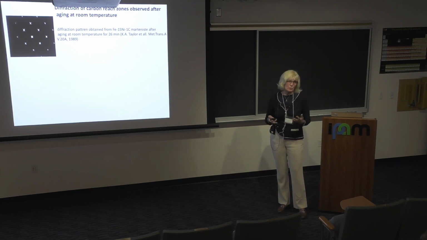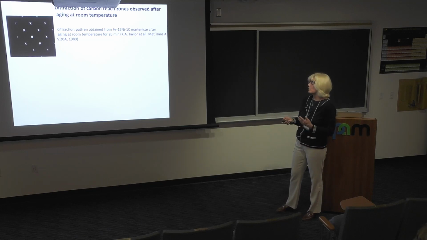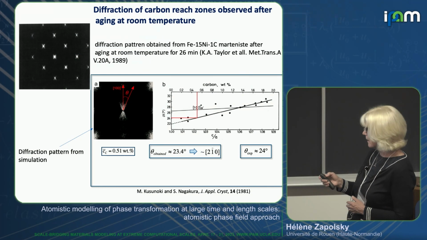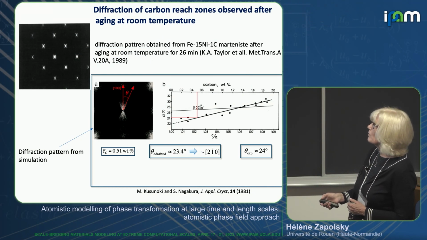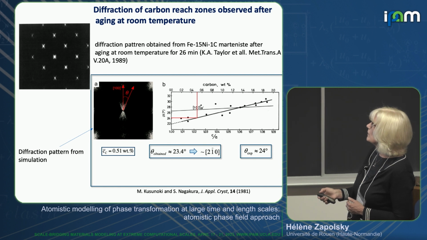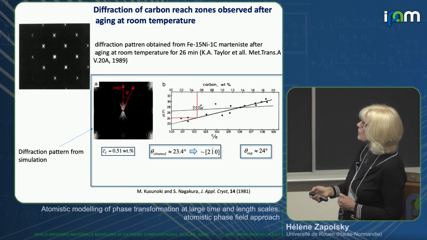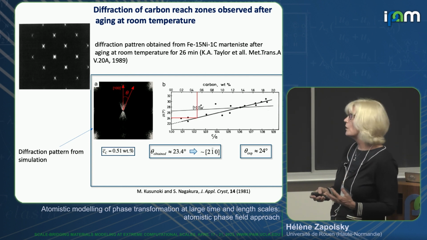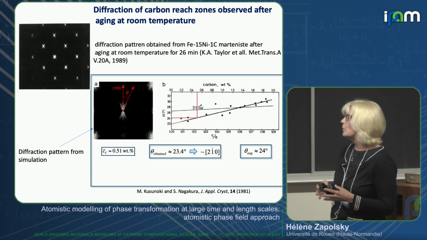Because experimental data are mostly related to the diffraction pattern if you study some order-disorder phase transformation. In this case, here you can see the experimental diffraction pattern, which was obtained for the iron-nickel-carbon martensite. And we can see some special alignment in some special direction, which is related to the tetragonal deformation of this carbon-rich phase.